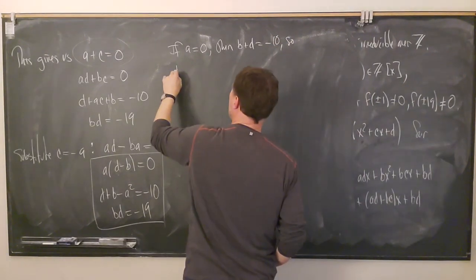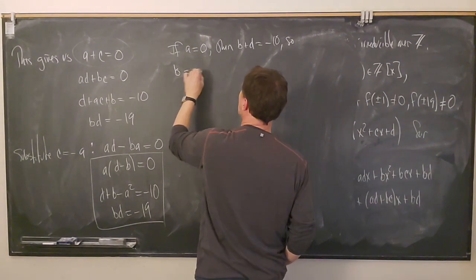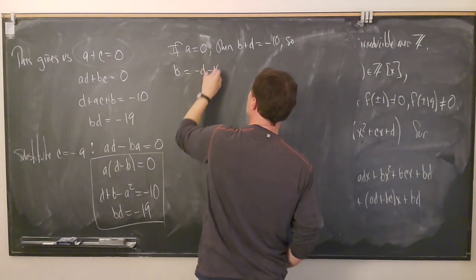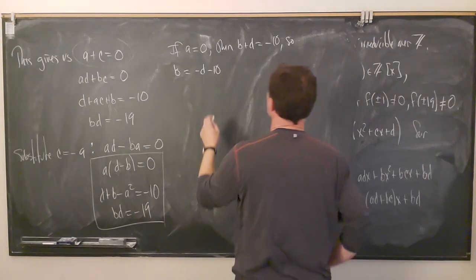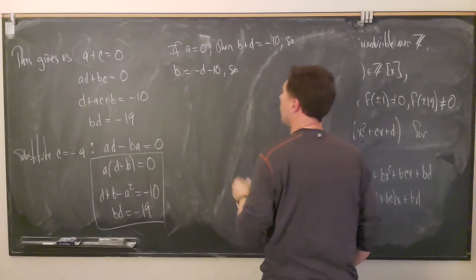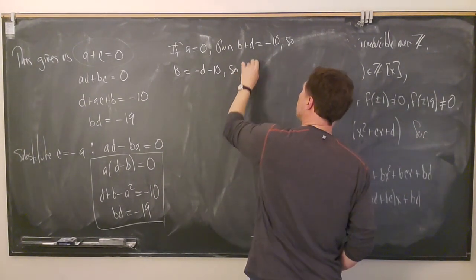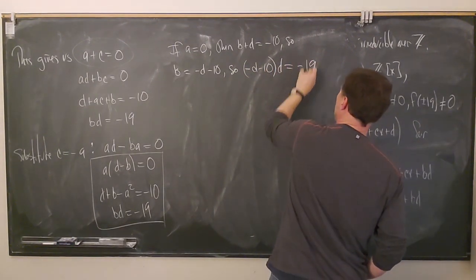So B equals minus D minus 10. And then if I substitute into this equation right here, minus D minus 10 times D equals minus 19.